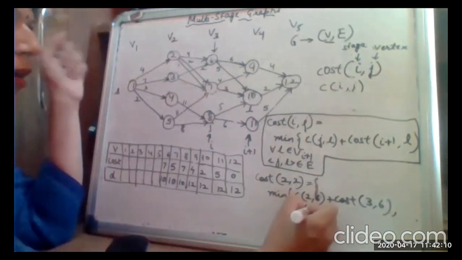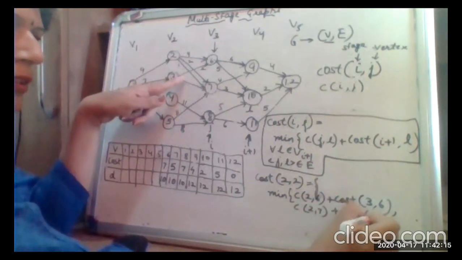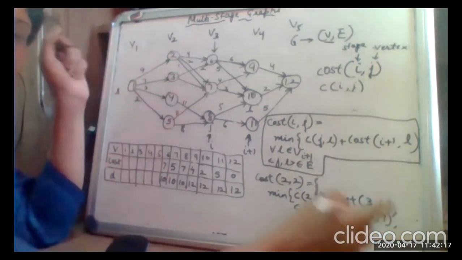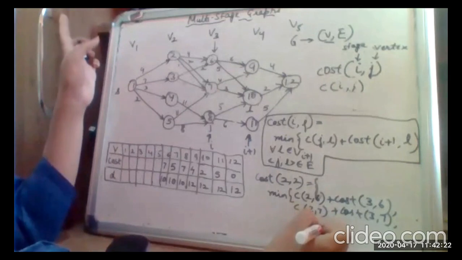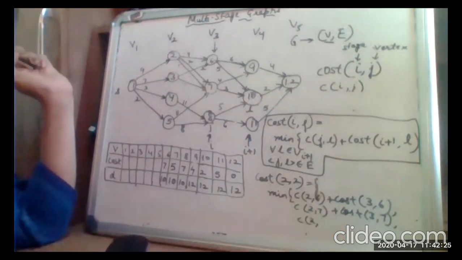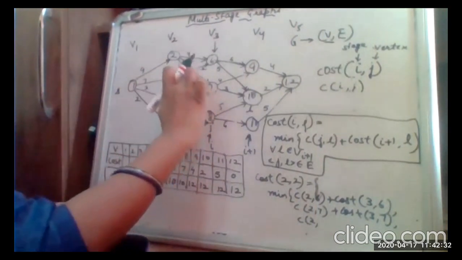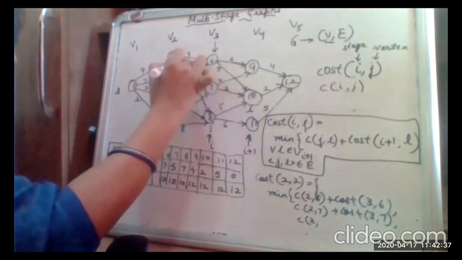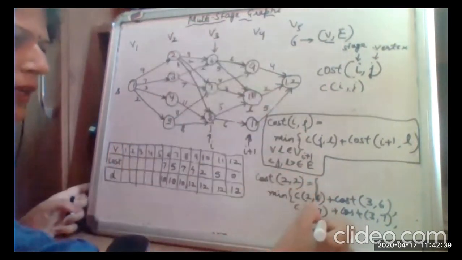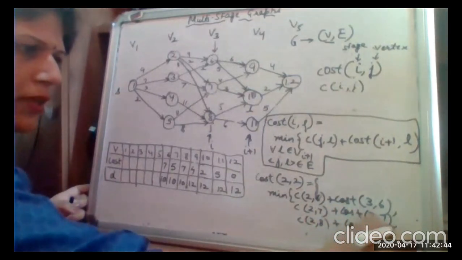Then C of 2 to 7 plus cost of 3, comma 7, seventh vertex at the third stage. Cost of the edge 2 to, I'm sorry, I think there is a small change here. This edge is supposed to reach in here. 2 to 8 plus cost of third stage 8.